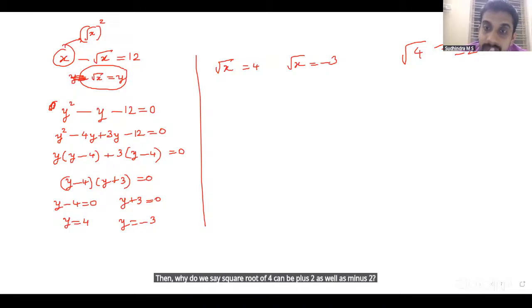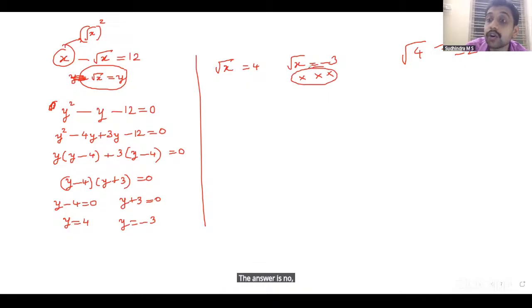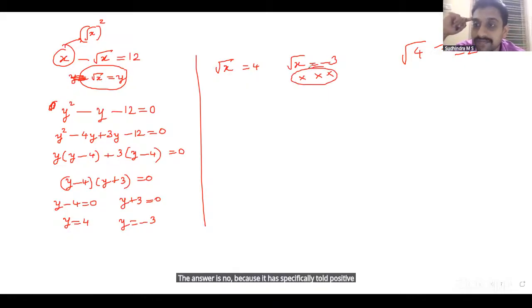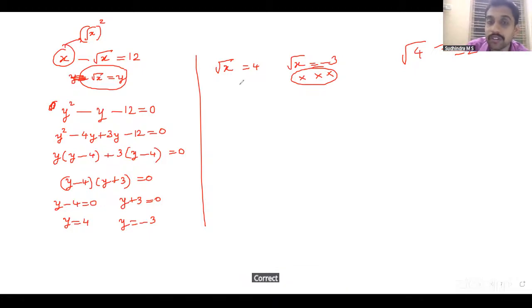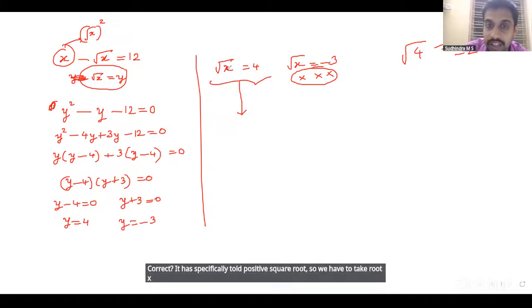It can be negative, but in this question, can it be? The answer is no, because it has specifically told positive square root. So we have to take root x equal to 4.